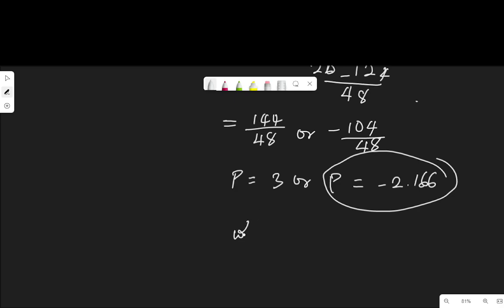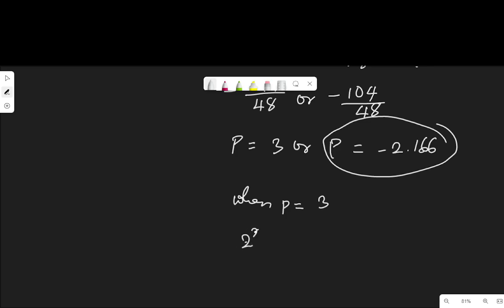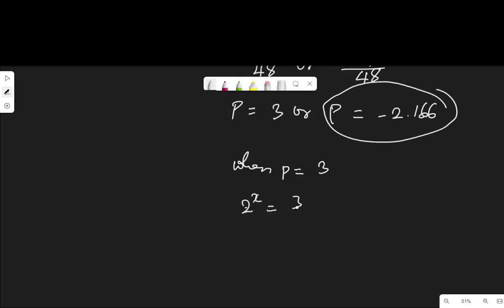So when p is equal to 3, that implies 2^x is equal to 3. This is an exponential equation. There's no way we can solve this directly, since the bases are not equal, so the powers are not equal. The only thing we can do here is to take the logarithm of both sides.